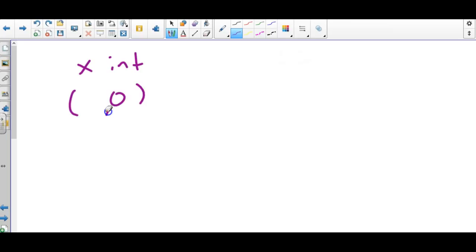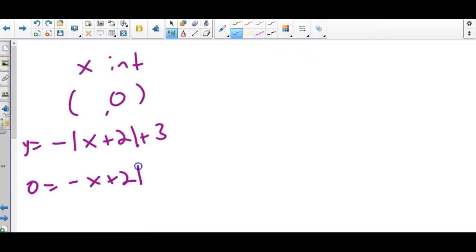So if I take that equation, y equals negative absolute value of x plus 2, plus 3, and I make y 0, I will solve this.